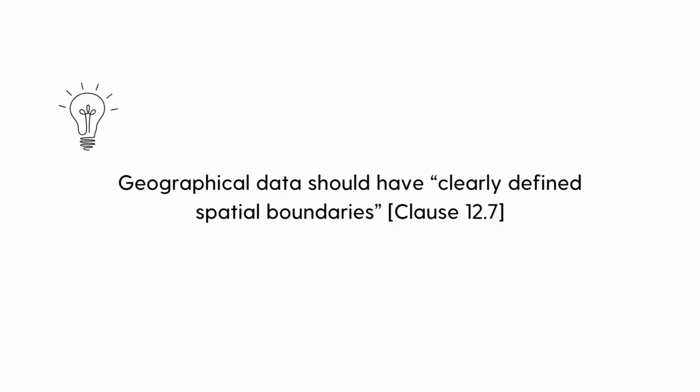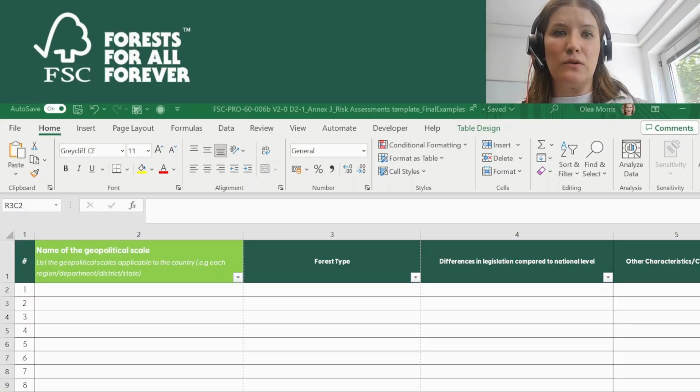Whichever geopolitical scale you choose to list on the Geopolitical Scale tab, it's important that they have clearly defined spatial boundaries. So if you're using something like an ecozone, those have to be backed up by geographical data, which you'll submit later in the Excel or in a different system.